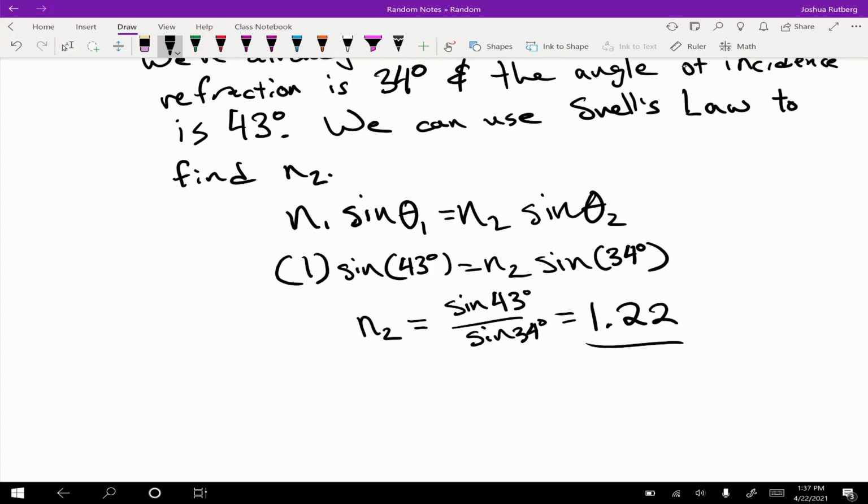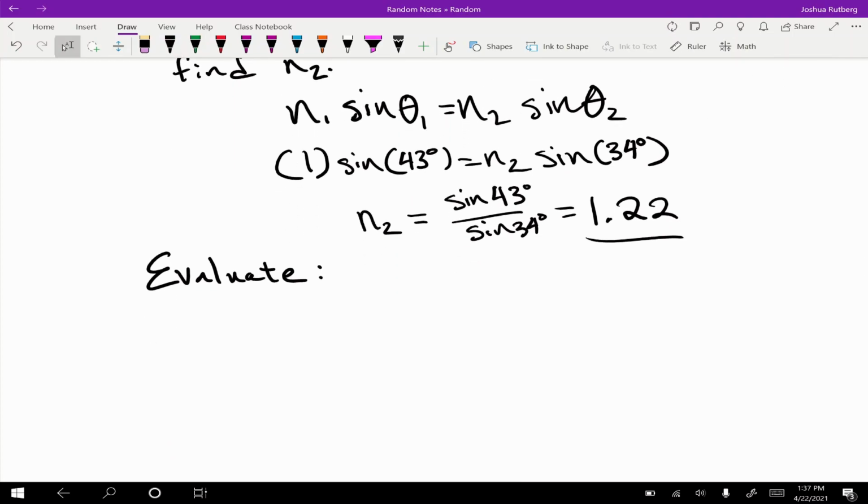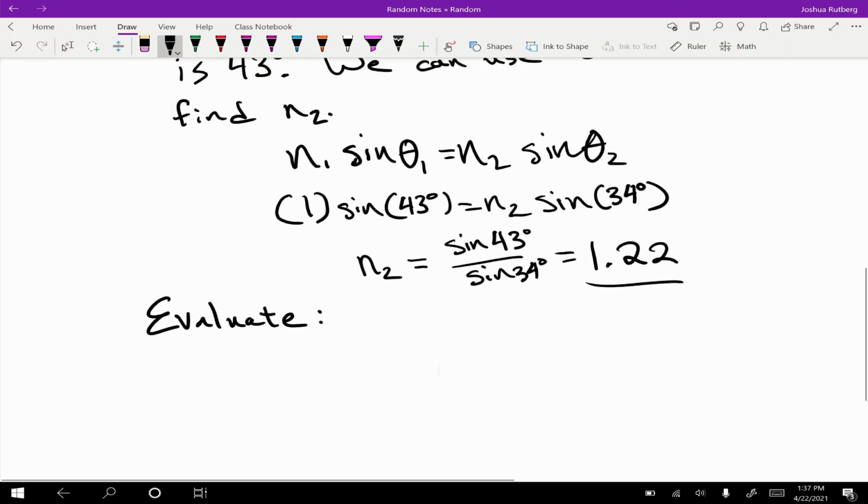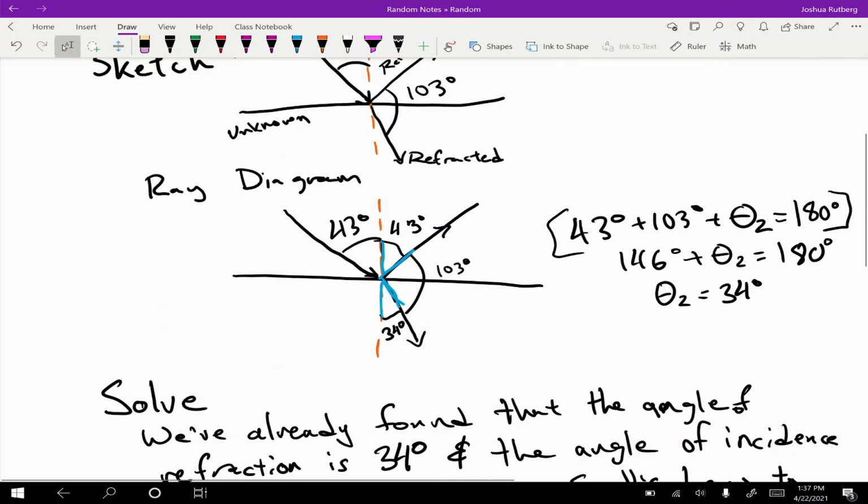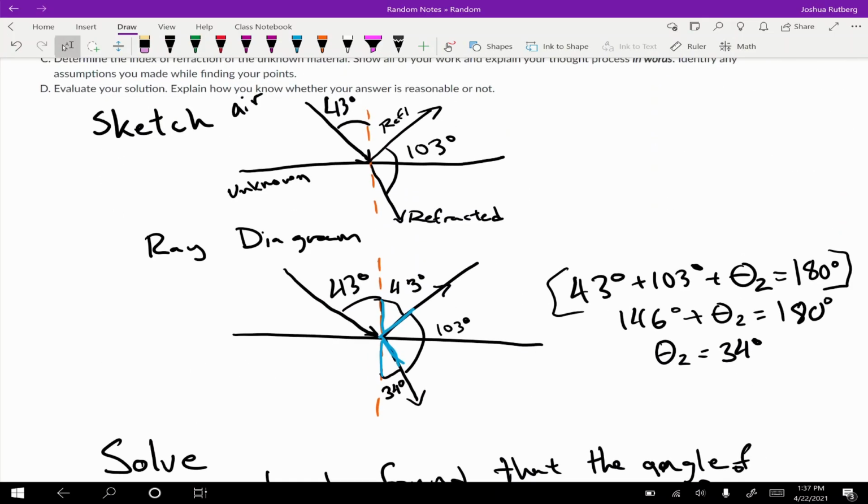So now, let's evaluate this. Is this answer reasonable? First I can do my gut checks. One, it's unitless, so units check out. Two, how should this compare to the index of refraction of air?